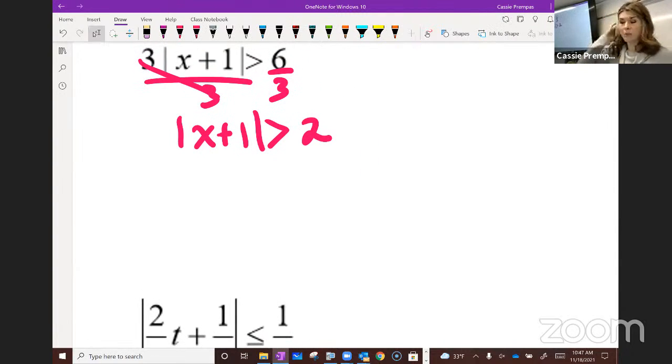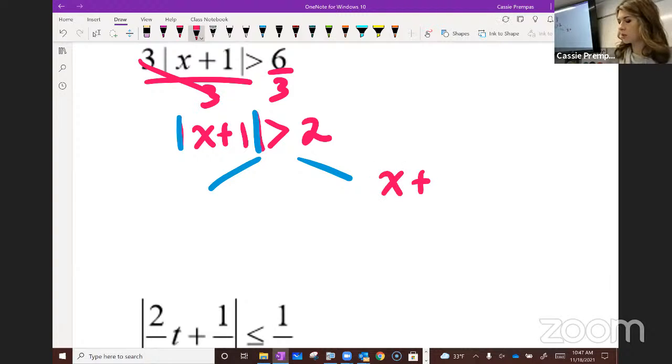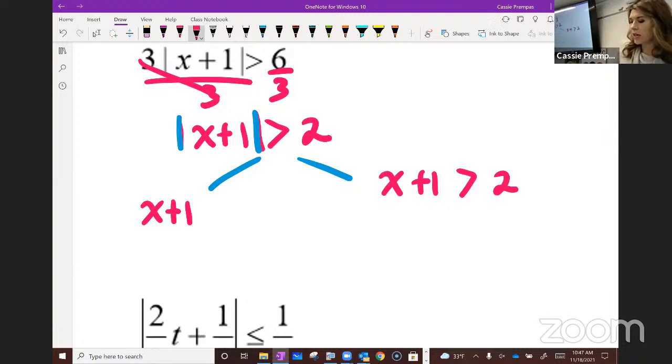Now, I know that there's an absolute value involved, so the only way to undo that is to set up 2 situations, 2 directions away from 0 on a number line. I know that I'm going to copy exactly what I see. X plus 1 has to be greater than 2. I'm going to copy what I see, but not write the sign, because what do I have to do with that inequality symbol?